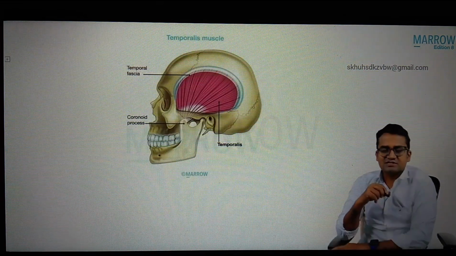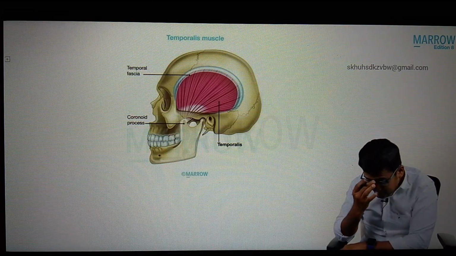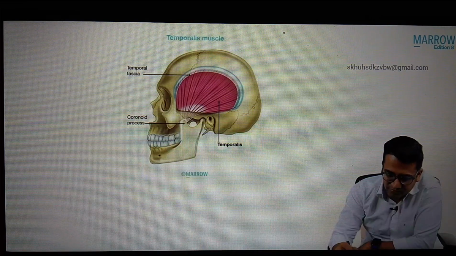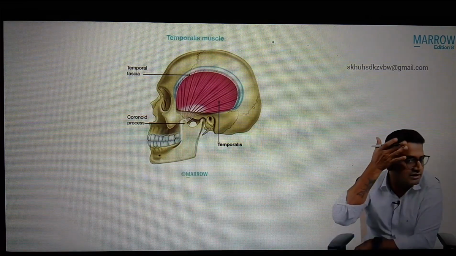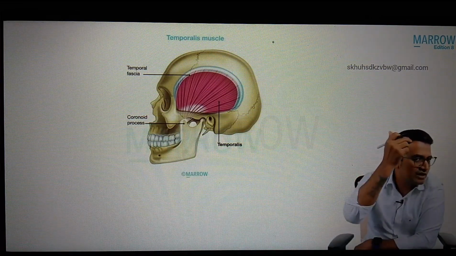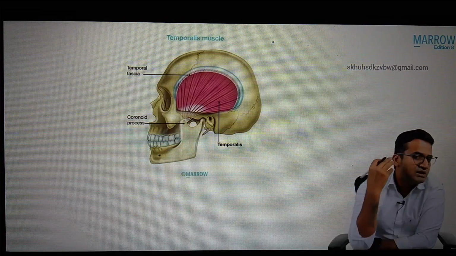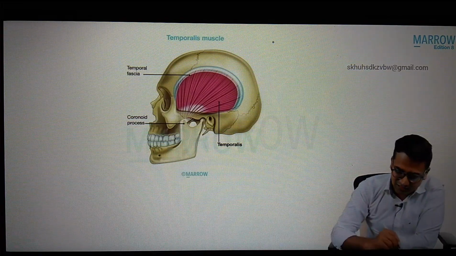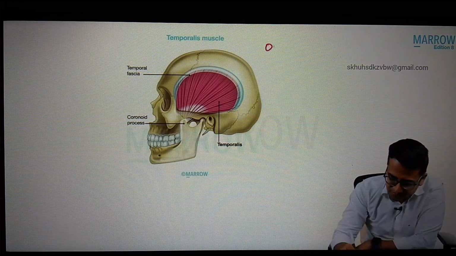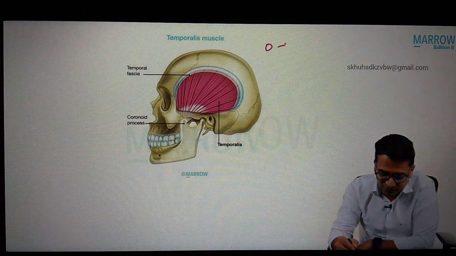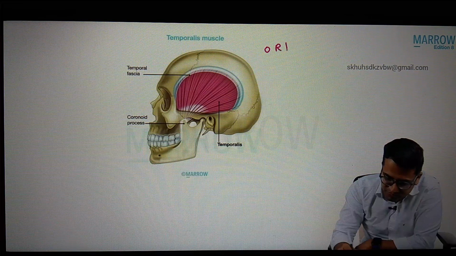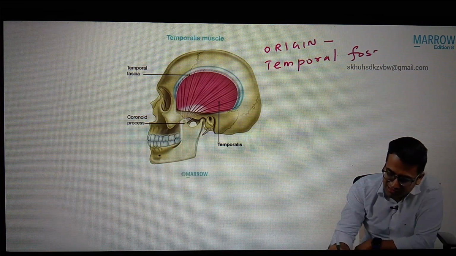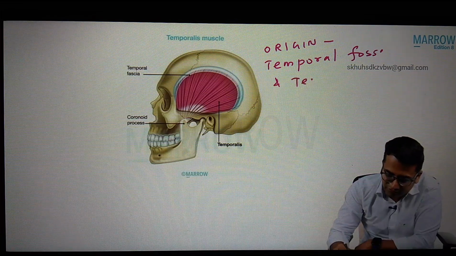First, we start with the temporalis muscle. The temporalis muscle originates from the temporal fascia and the temporal fossa. I told you the temporal fossa lies above the temporal line and below the zygomatic arch. The temporalis takes origin from the temporal fossa and the fascia over the muscle, the temporal fascia.